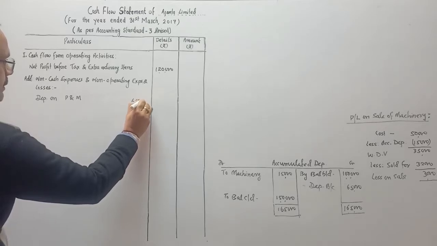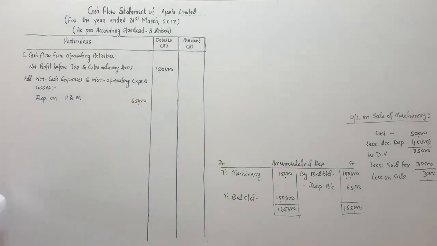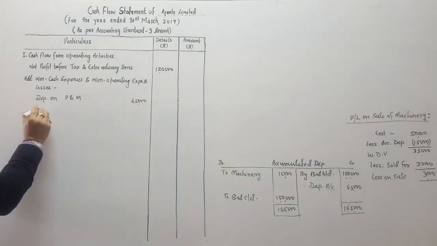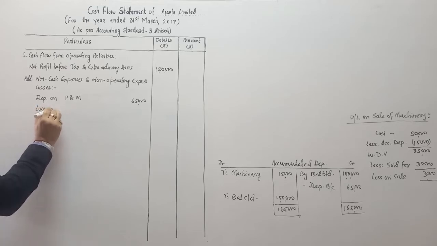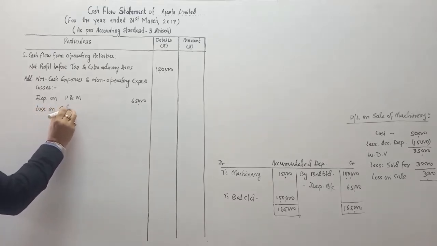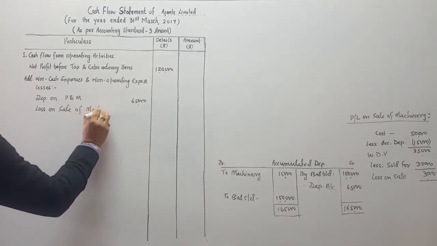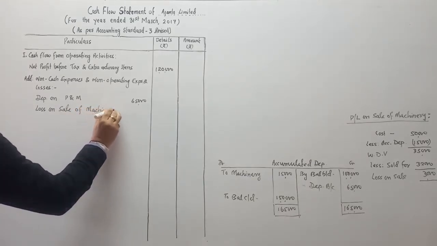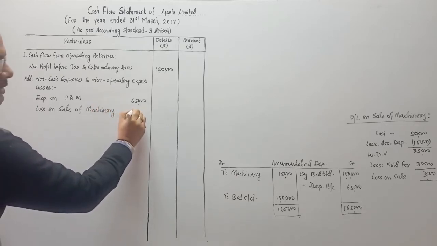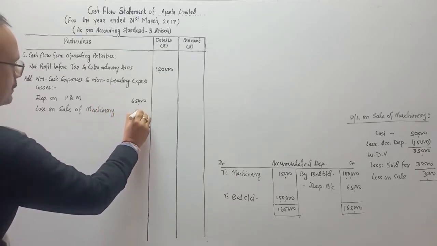This is the plant and machinery depreciation. And loss on sale of machine is loss on sale of machinery. It's a non-operating loss. That is, loss on sale of machine is 3,000.